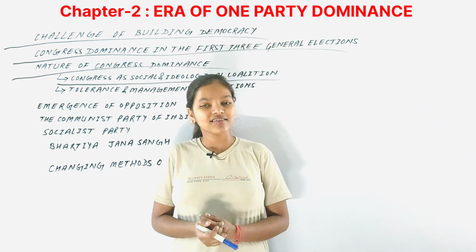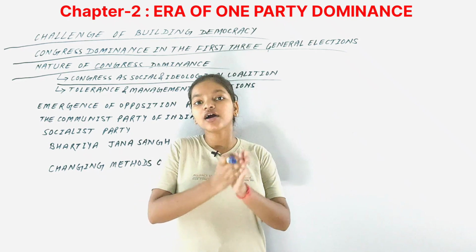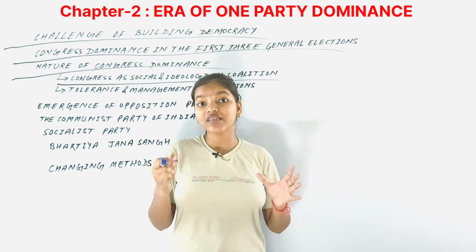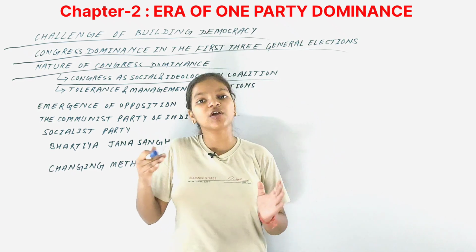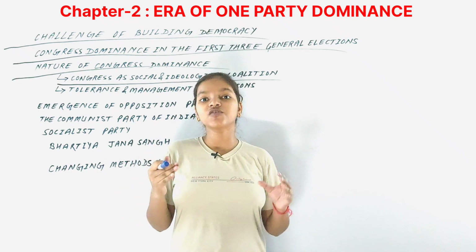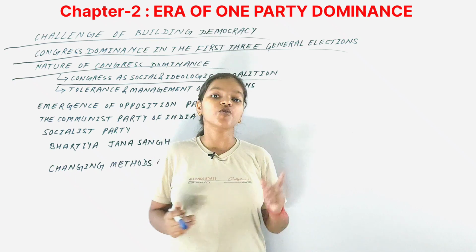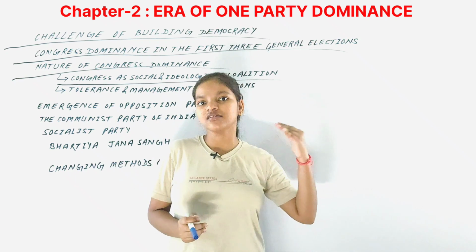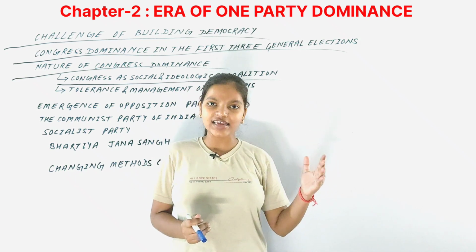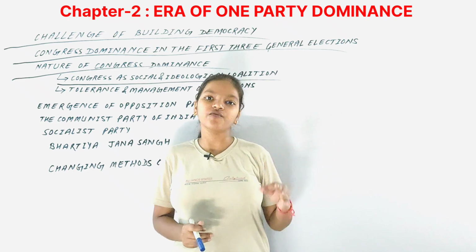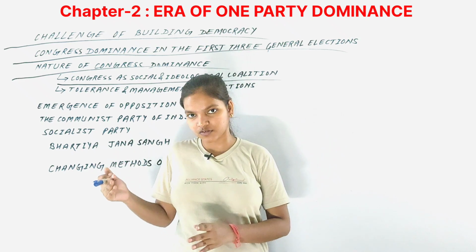Now when they are all a coalition, of course it had inclusiveness of different societies, and it included the interests of all sections of the society. Just as in the starting phase it was just for the elite class, now it was for all sections of the society.